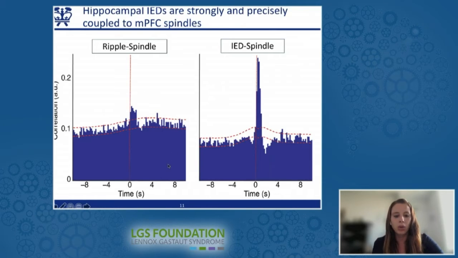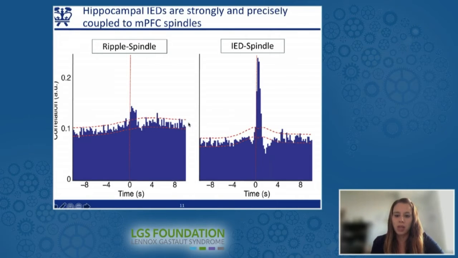Basically, we take the occurrence time of either a ripple or an IED, and that's on the x-axis, and we look at the probability of seeing a spindle oscillation. That's on the y. And what you can see here is the physiologic state. Time 0 is when a ripple happens. There's a small significant peak of increased probability that you have a spindle afterwards.